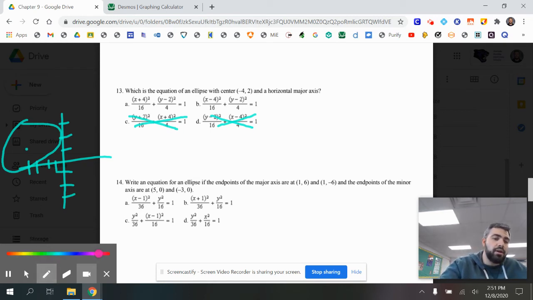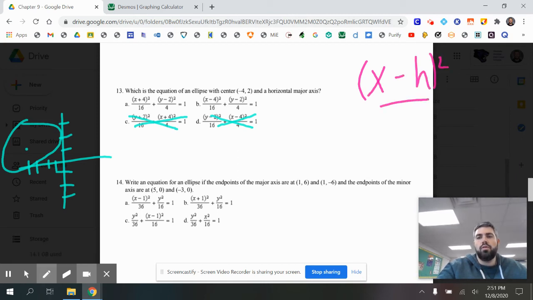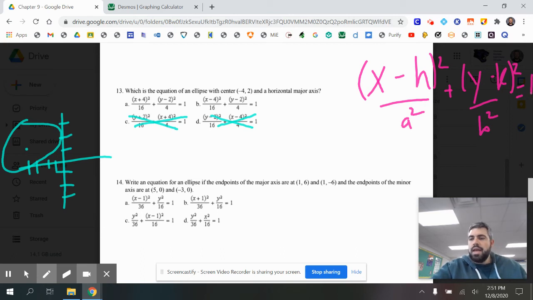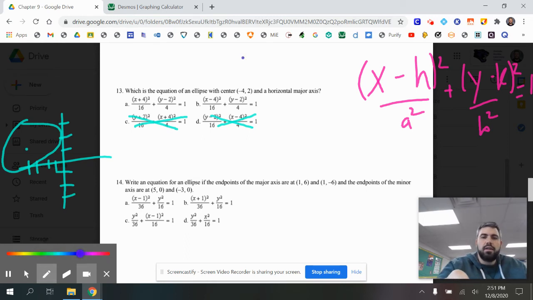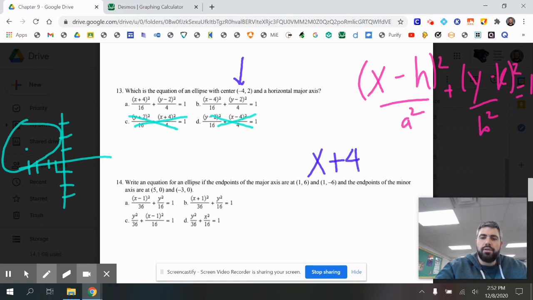Well, remember back to our equation of an ellipse, which was x minus h squared over a squared plus y minus k squared over b squared equals 1, right? And so right away, I think, okay, well, my x is -4, so it's going to be x minus -4 squared plus y minus 2 squared.